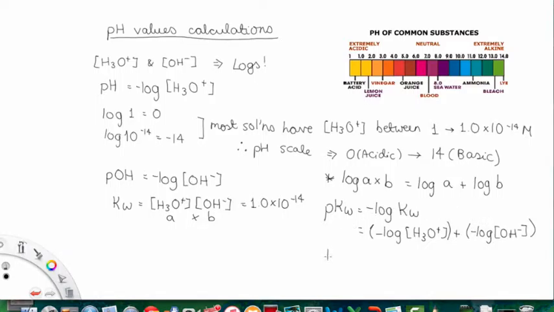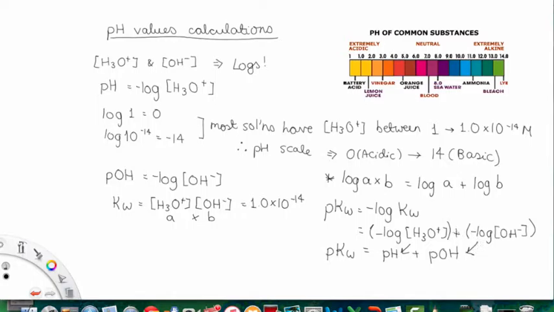So now we can write this as pKw is pH plus pOH. Since negative log of hydronium ion is pH, and the negative log of the hydroxide ion is pOH.